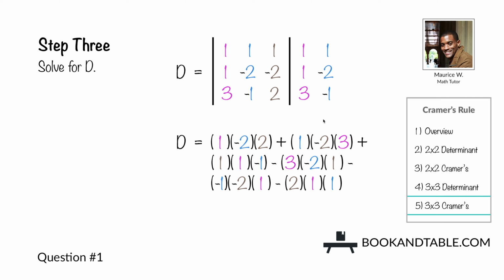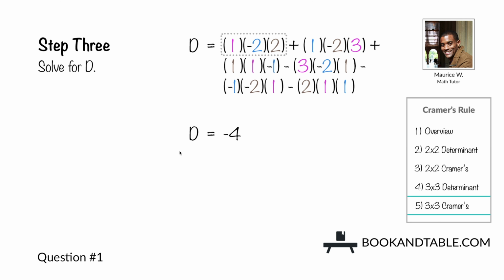And now we have the expression that we need to solve for D. So we get D is equal to 1 times -2, which is -2, times 2, which is -4, plus 1 times -2, which is -2, times 3 will give us -6, plus 1 times 1, which is 1, times -1 is -1.